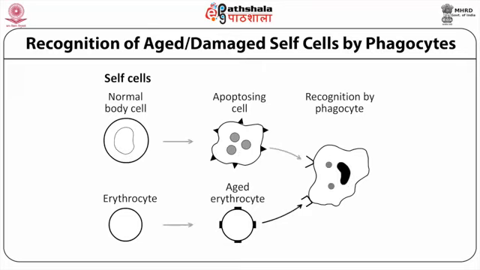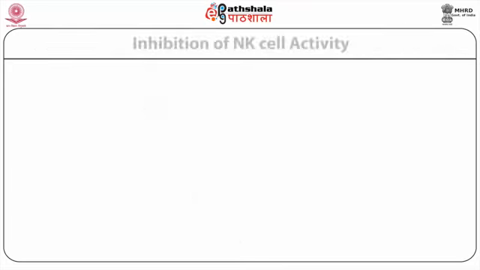Similarly, with nucleated cells, death results in many surface molecules becoming more exposed. For example, phosphatidylserine is a phospholipid which is a part of the biomembrane, normally a part of the inner surface. Apoptosis results in phosphatidylserine flipping to the surface and being recognized by phagocytes.